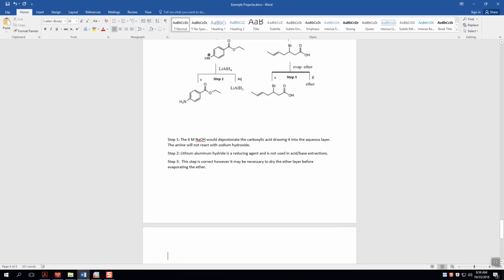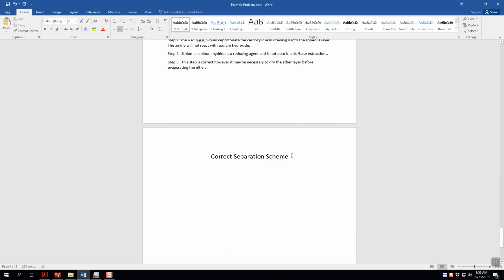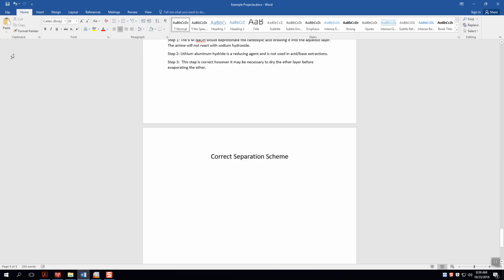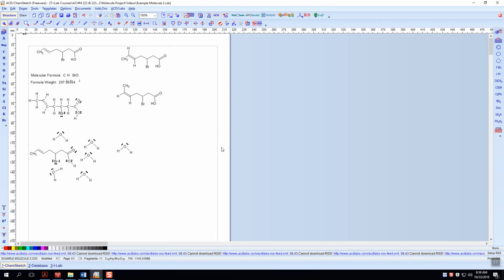So I'm going to make my font bigger again. And go ahead and center that. Now with the correct separation scheme, I find that it's easier to write it using this program, okay, using ChemSketch.